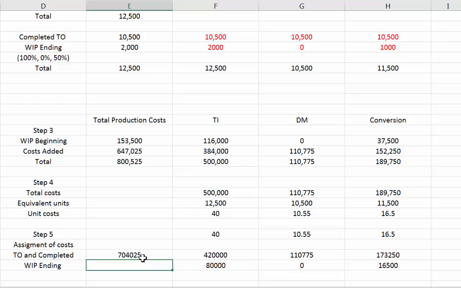Okay, and for WIP, the ending balance is going to be you add these numbers together. Okay, so the ending balance of your WIP should be 96,500. So if you want, you can go ahead and find the total amount. Okay, and I should have the same number as what you have here. So this total, the bottom here, should be the same as what you have here.